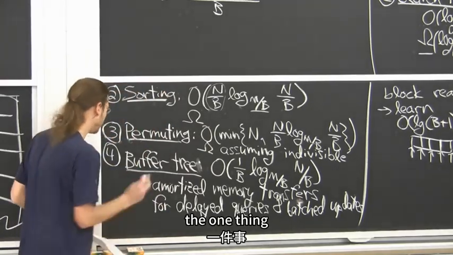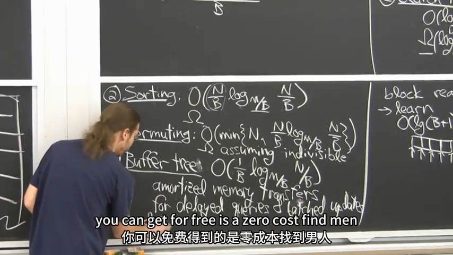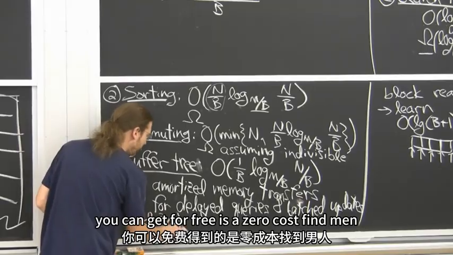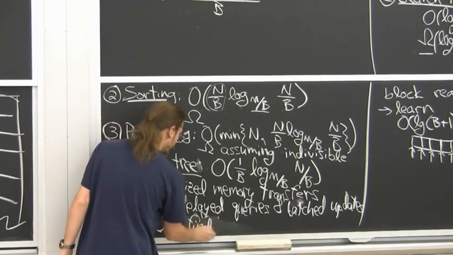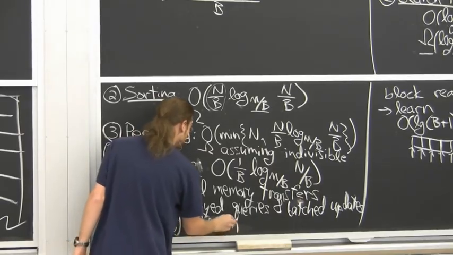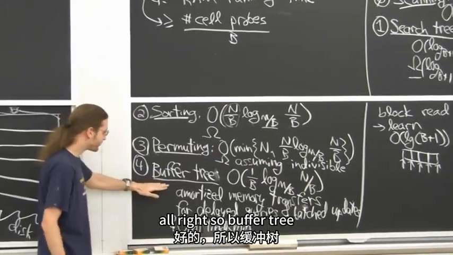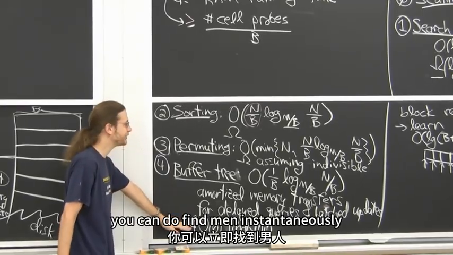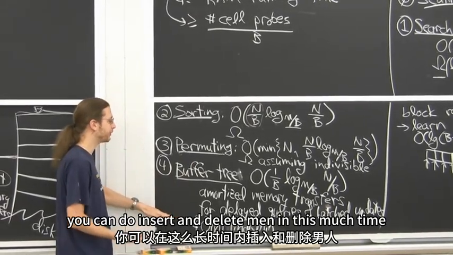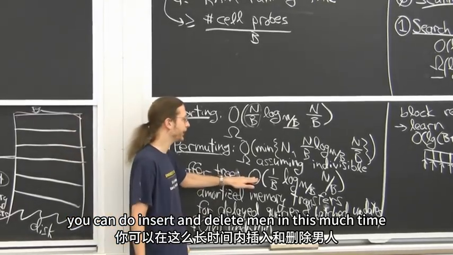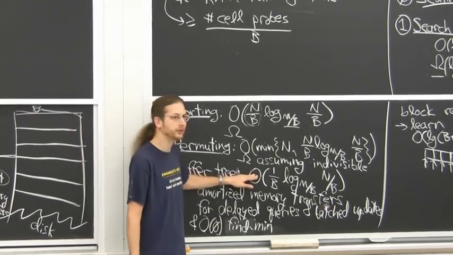The one thing you can get for free is a zero cost find min. All right, so with a buffer tree, you can do find min instantaneously. It maintains the min all the time. So this lets you do a priority queue. You can do insert and delete min in this much time online.